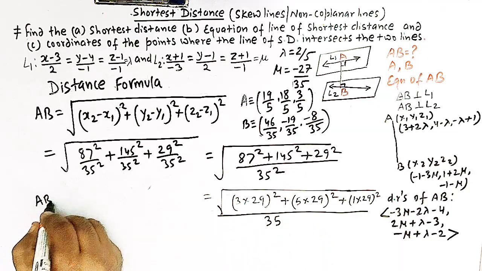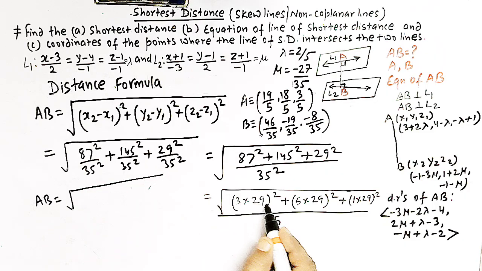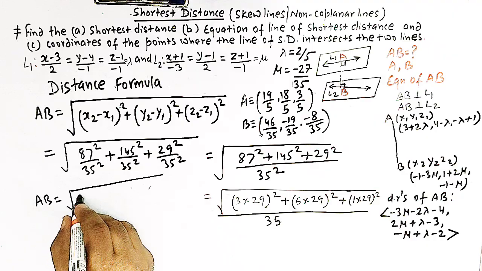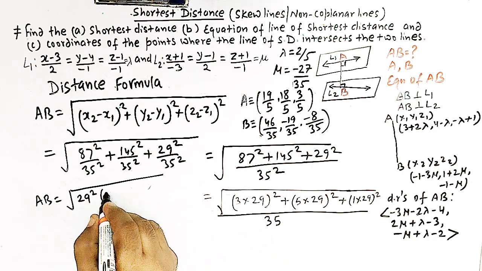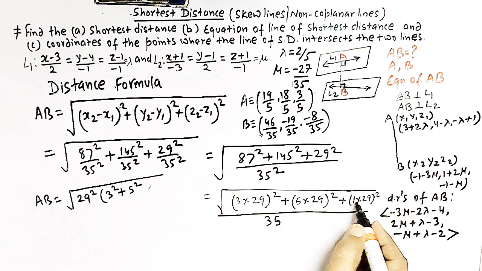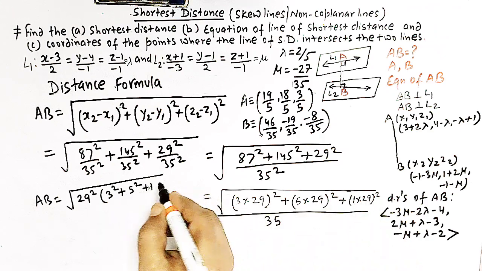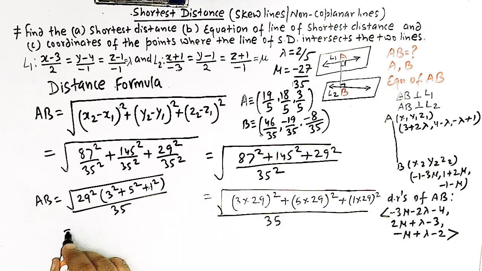So now we can write AB as, here we can take 29 square common in these three terms. So we have 29 square, and here we have 3 square, then we have 5 square, and then we have here 1 square, or simply 1, and here we have 35.